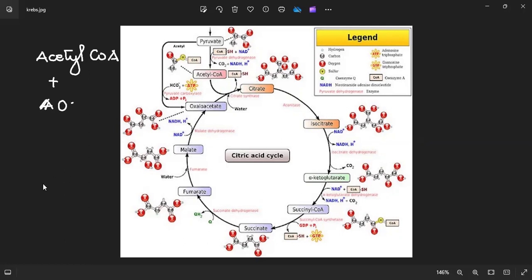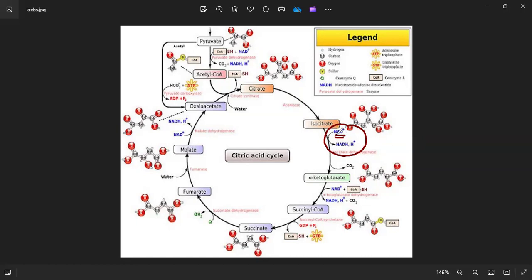Now, what other point do I need to make here, apart from the ones I've made? Listen, as the acetyl-CoA moves through the cycle, it gives some electrons to some electron carriers, and one of them is this guy, NAD+. Do you see that? And then what else?